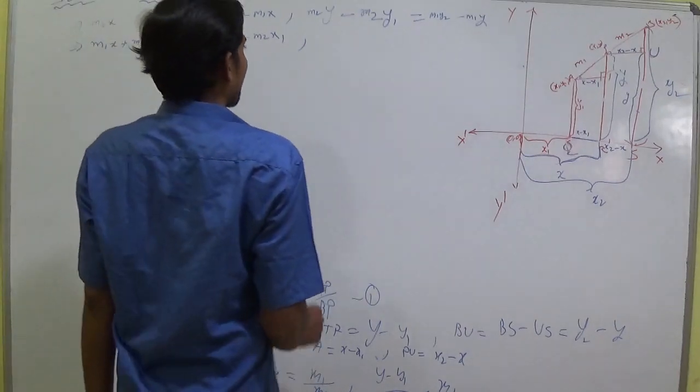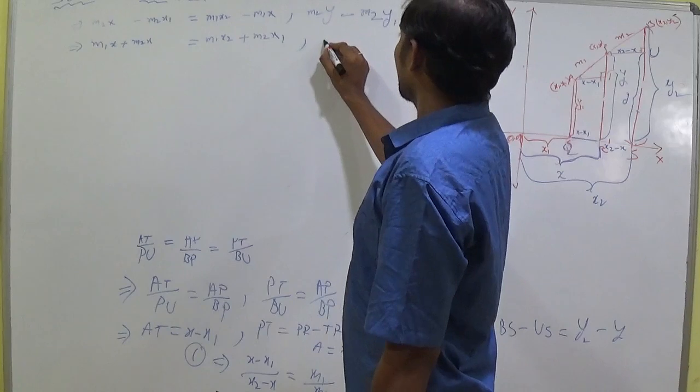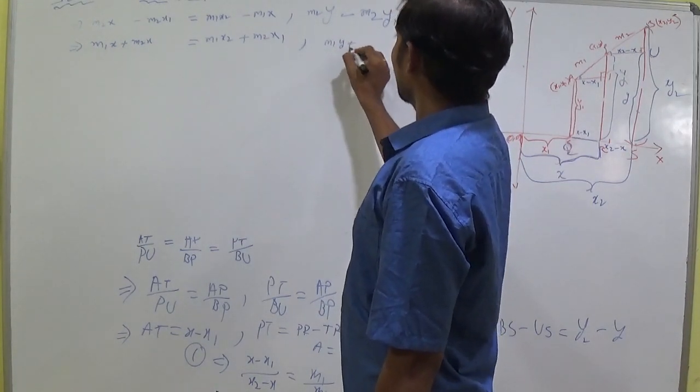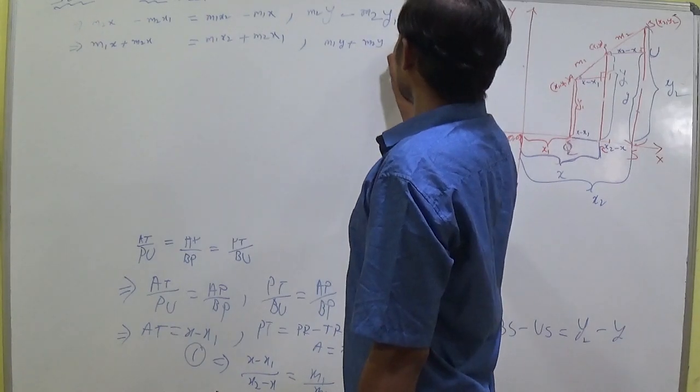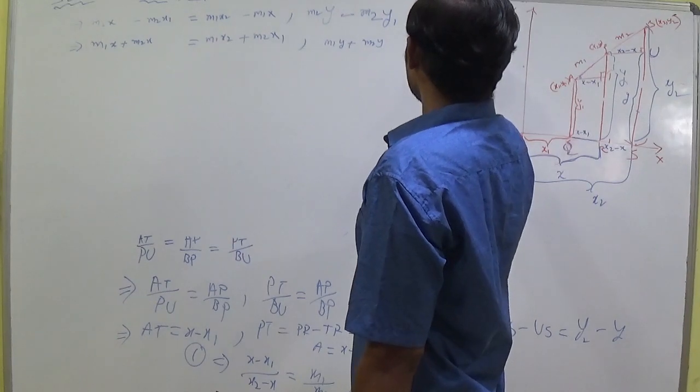Same way y terms transfer to left side, m1y plus m2y equal to m1y2 plus m2y1.